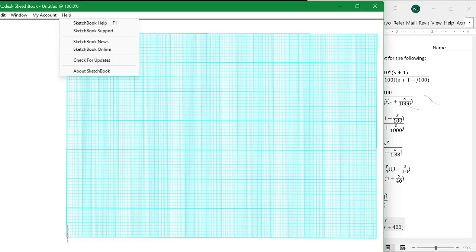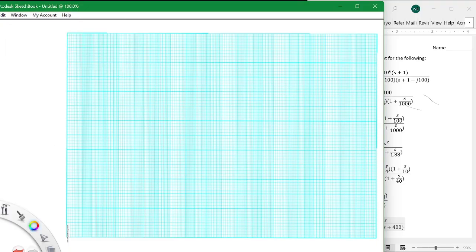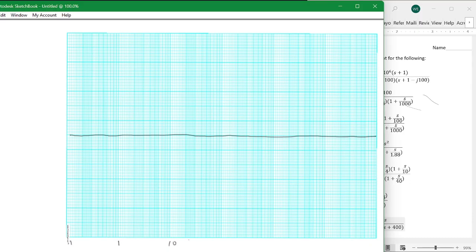Okay, so let's go back at the black color. Okay, so here's my 0 line, and my breaks are at 1.88 and 6. So here's my 1, my 0.1, my 10, my 100, my 1K, et cetera.